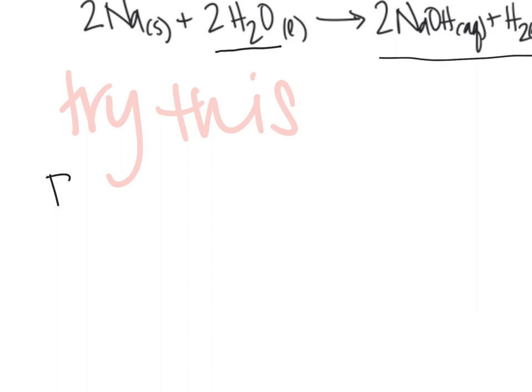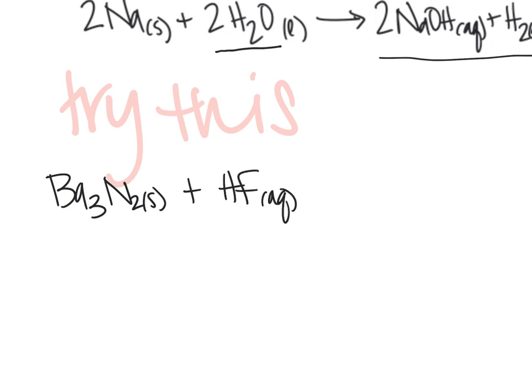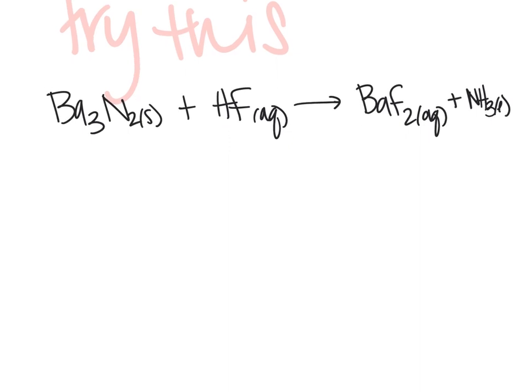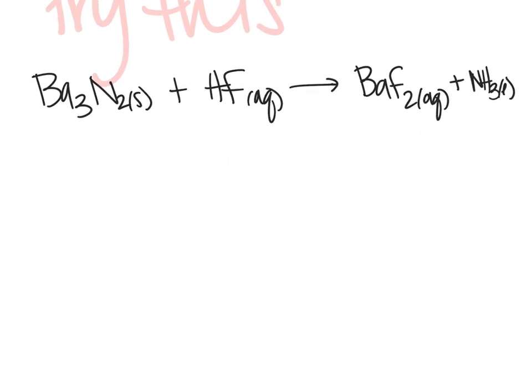So we have Ba3N2 solid plus HF aqueous creates BaF2 aqueous plus NH3 liquid. So why don't you go ahead and set this on pause, and while you do that, you can go ahead and complete this on your own piece of paper, and when you come back, we'll talk about how you do it.